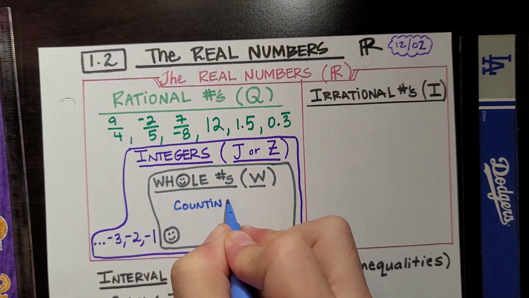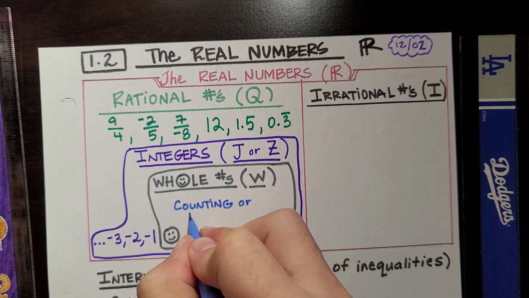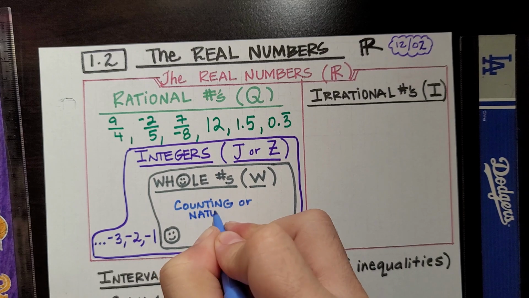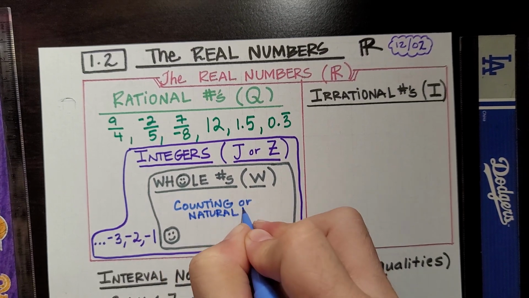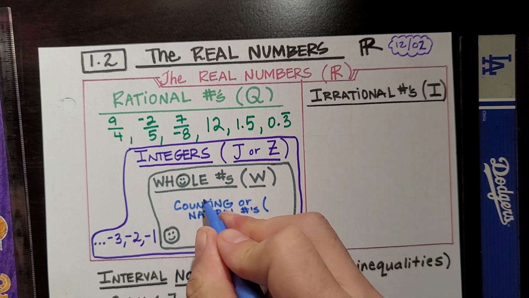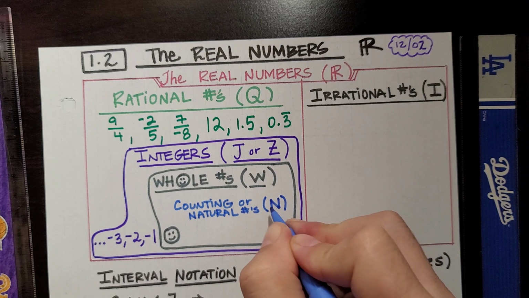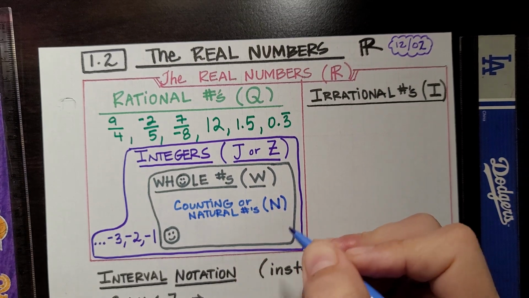There is another name for counting numbers. They are called the natural numbers. The set designation for the counting or the natural numbers is a capital letter N. We've already seen this in 1.1.